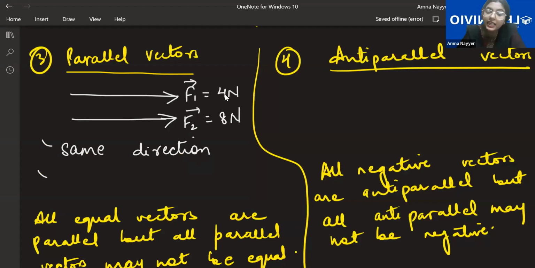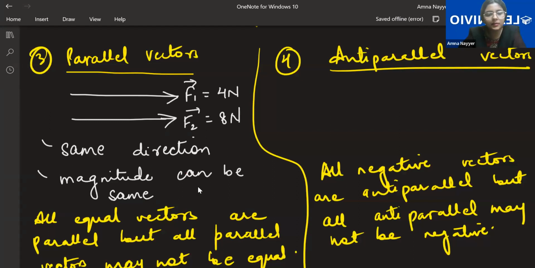But the magnitude can be same or different. See, if the magnitude is also the same, it will become equal vectors.